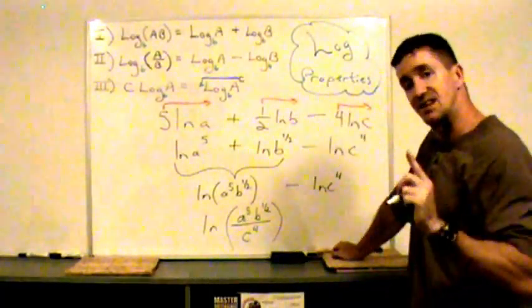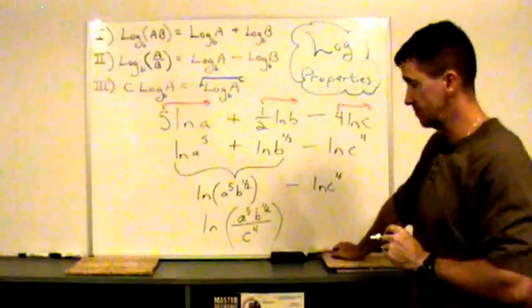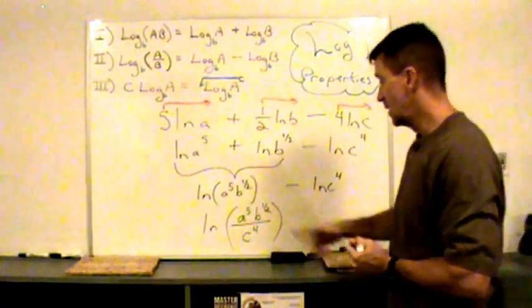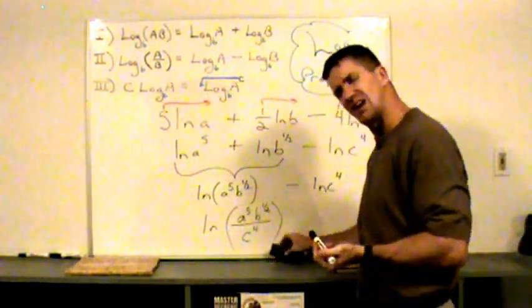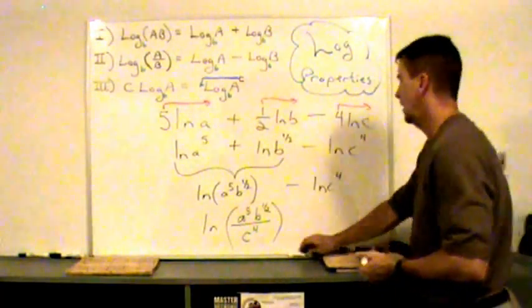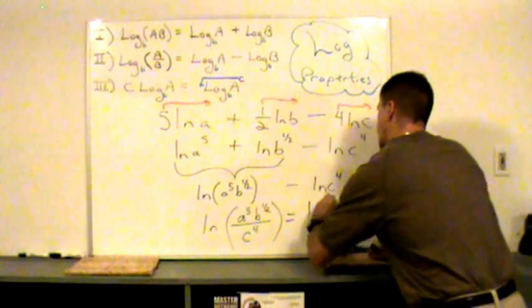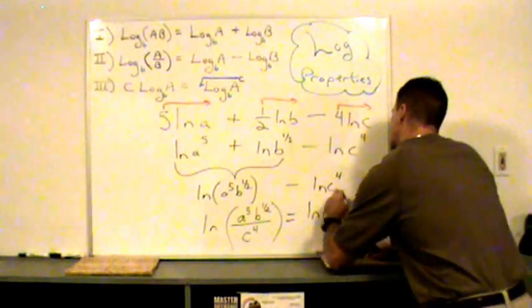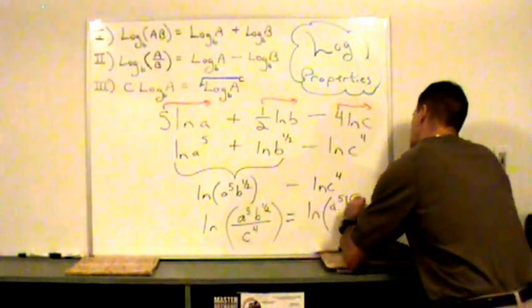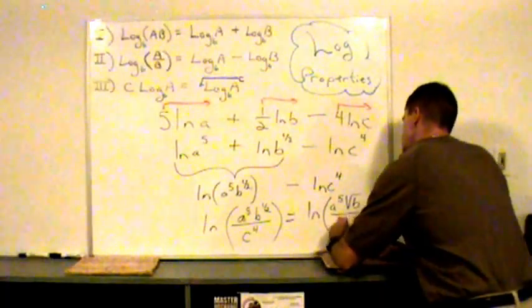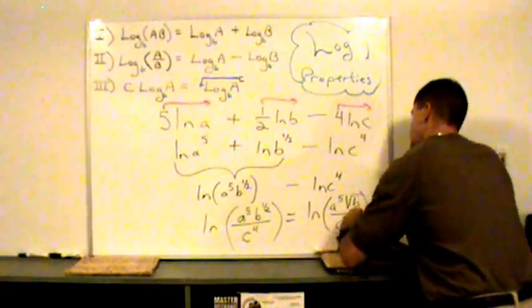We have now condensed it into one logarithm. And surely, b to the 1/2 power, can we rewrite that as the square root of b? I can also write this as natural log of a to the 5th square root of b all over c to the 4th.